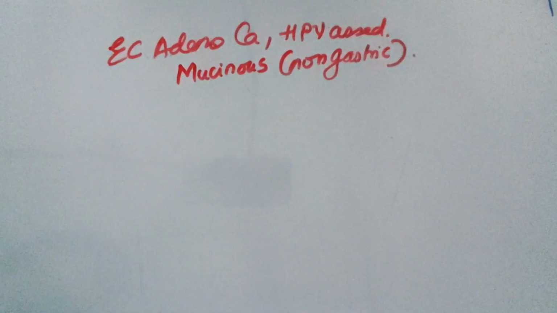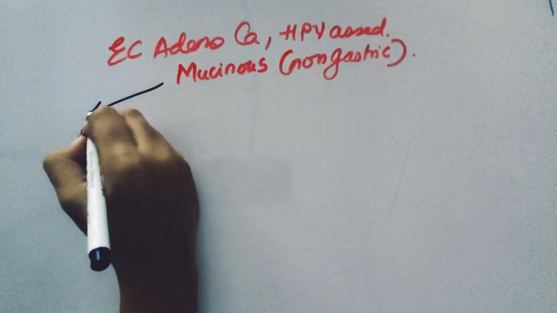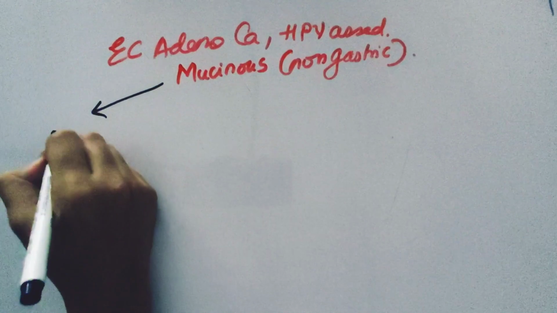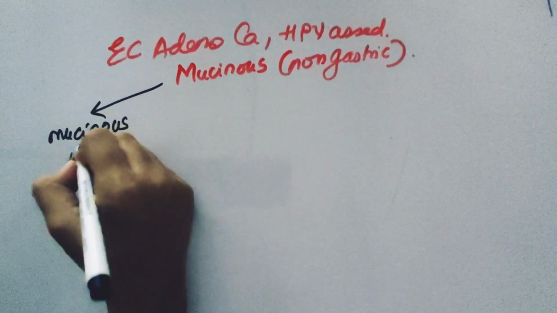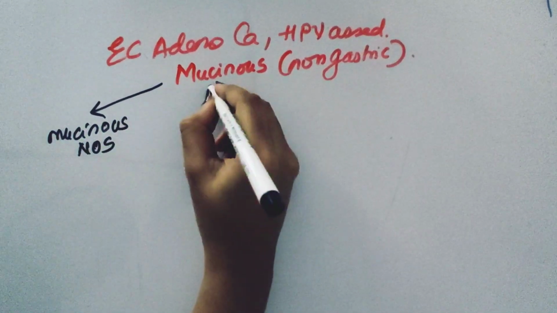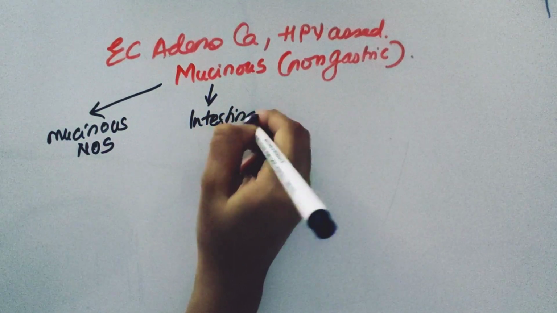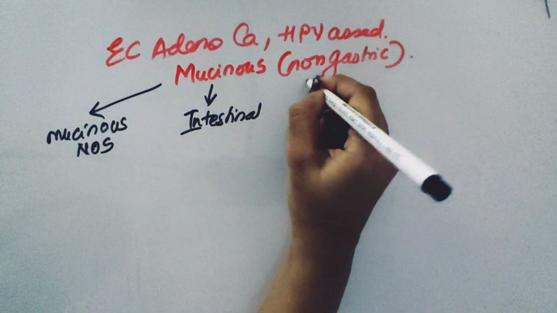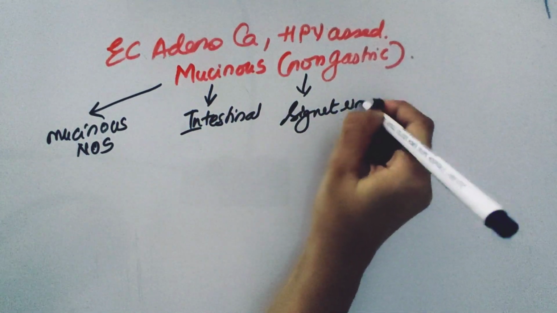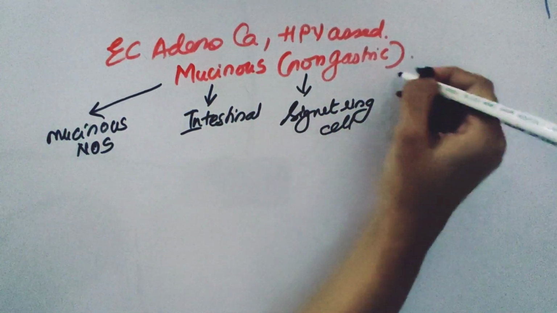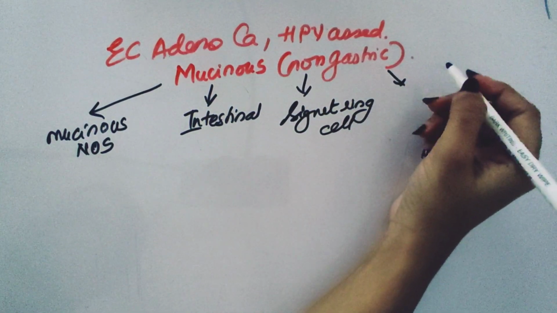So in mucinous non-gastric type there are 4 types: mucinous NOS, then intestinal, signet ring cell, and then stratified mucin producing.